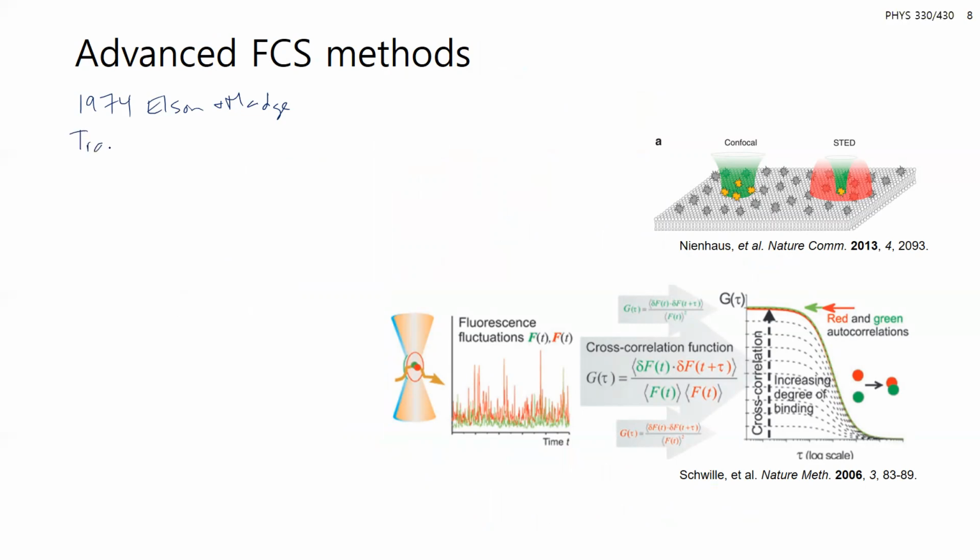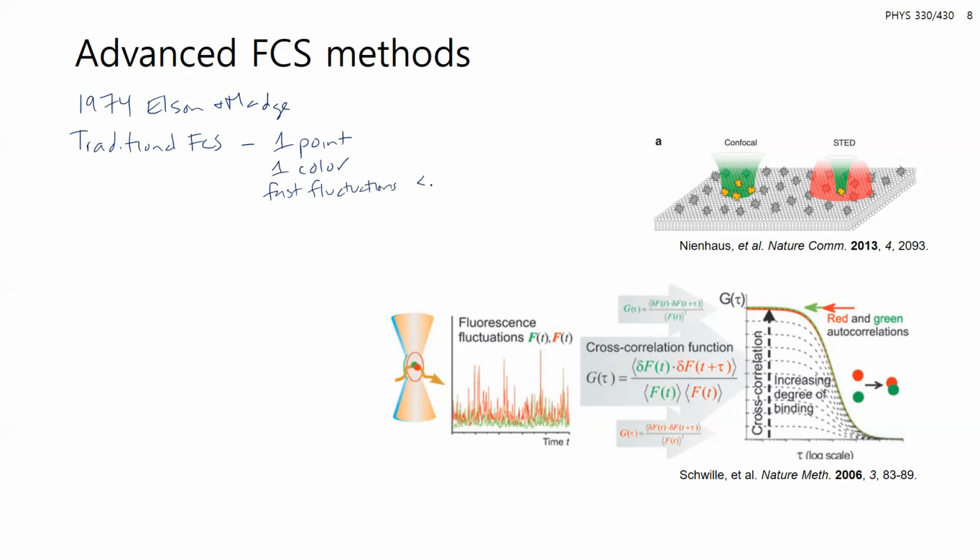And traditional FCS is at one point. It uses one color, and you really need fast fluctuations.